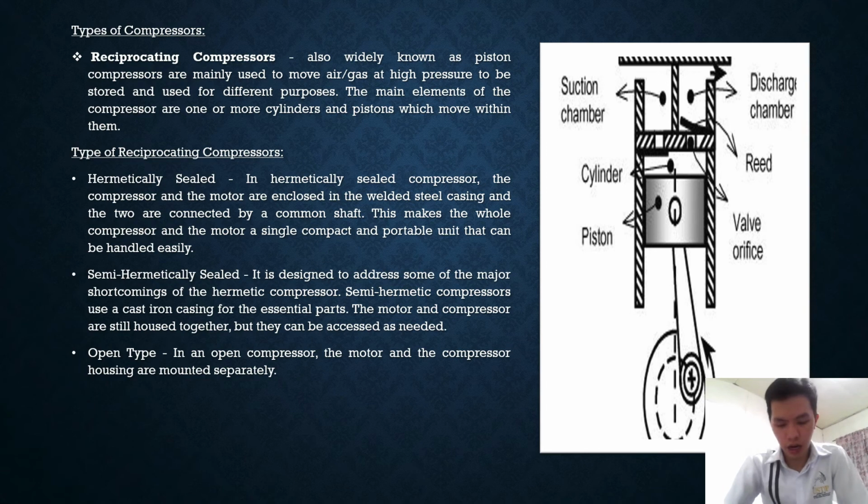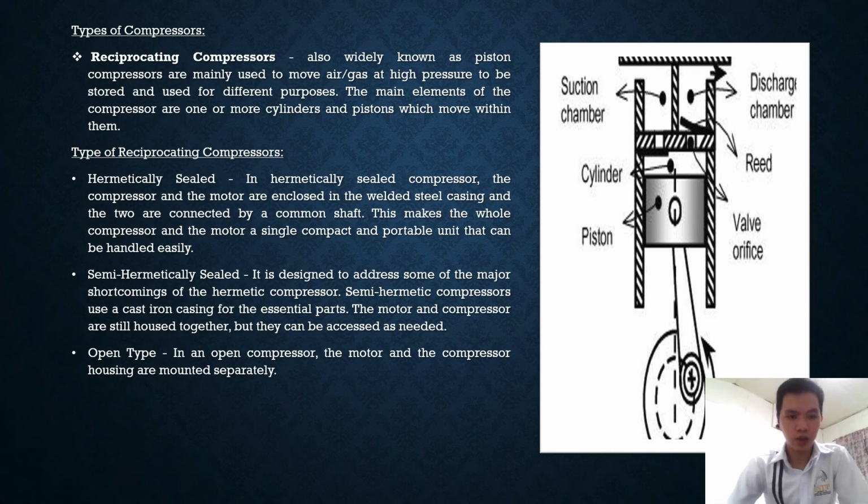This enables maintenance checks and repair or replacement of parts as they degrade rather than a total failure of the system. So that is the difference between a semi-hermetically sealed and a hermetically sealed compressor.